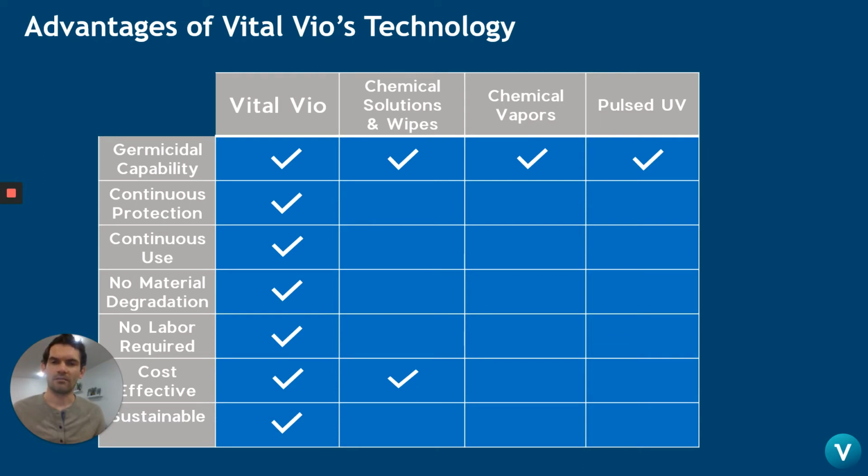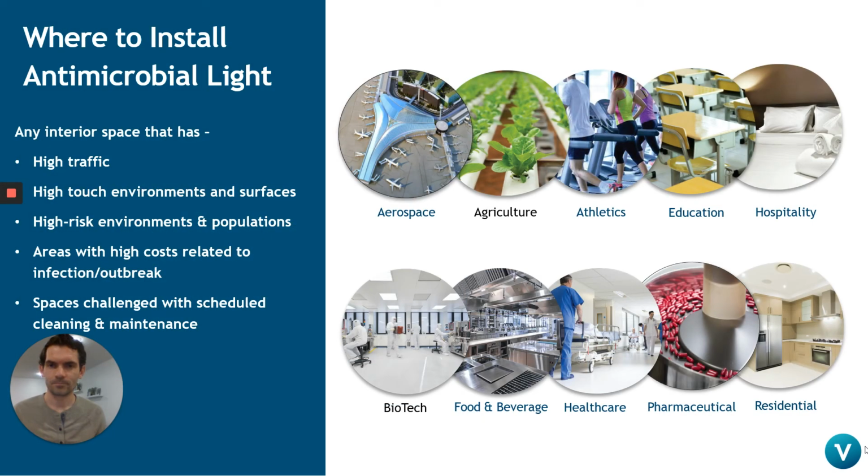But it's not very effective because as soon as you re-enter that space or that space becomes occupied again, you're just introducing new microbes. It's the same with chemical vapors and pulse UV. Both are great technologies for terminal cleanings, but there's not a continuous application for either of those. Also, for VitalVio, what I always like to point out is that there's no additional labor required. Once the lights are installed, they're always working as long as they're energized.